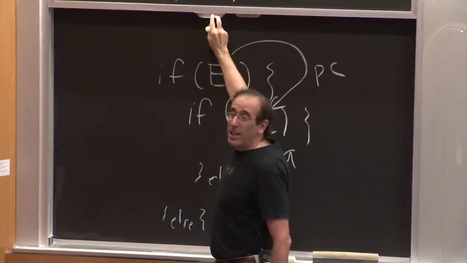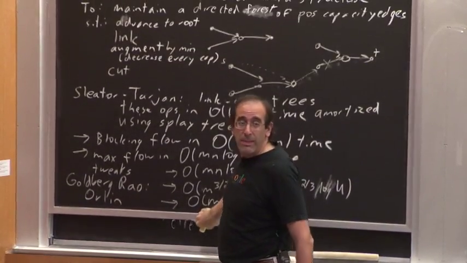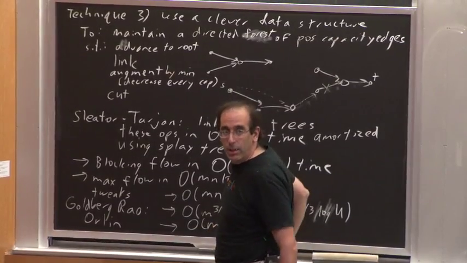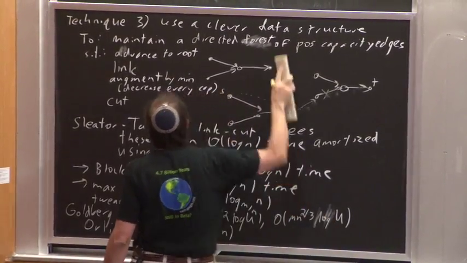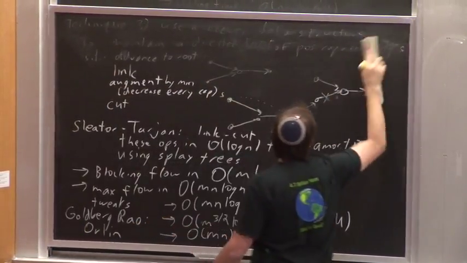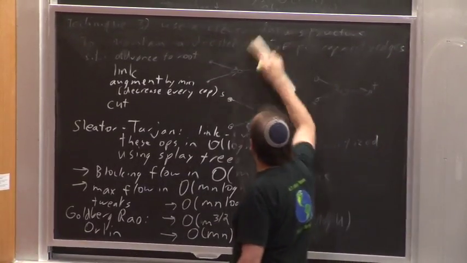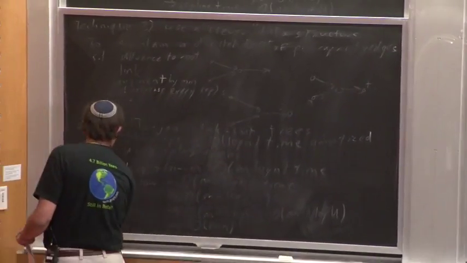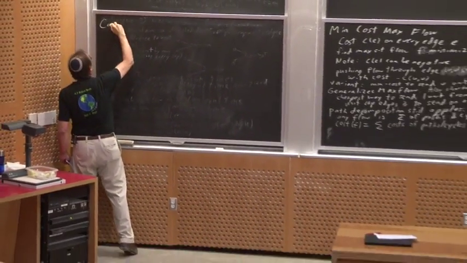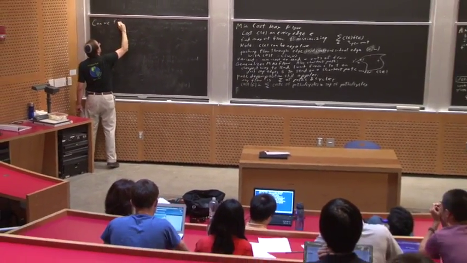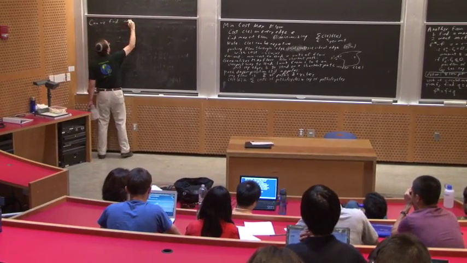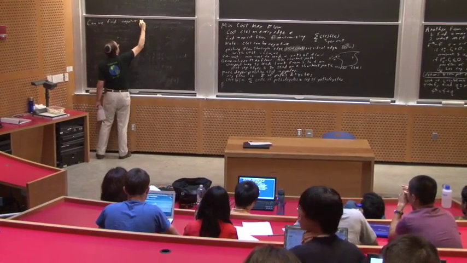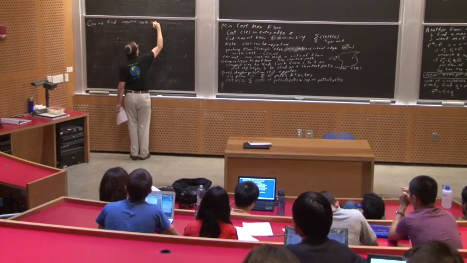Of course, in order to actually implement that method, we need to be able to find a negative cycle in a graph that has one. Can we do that? Can we find a negative cycle if one exists?